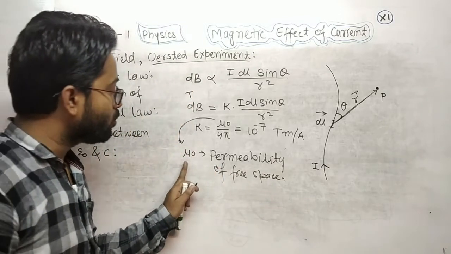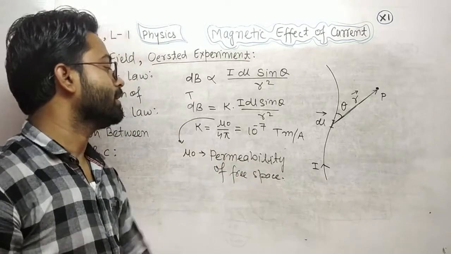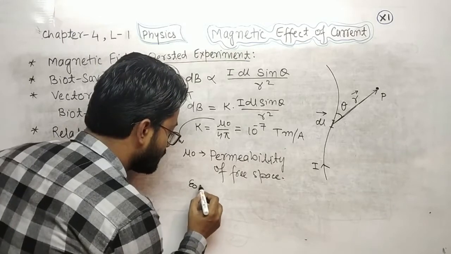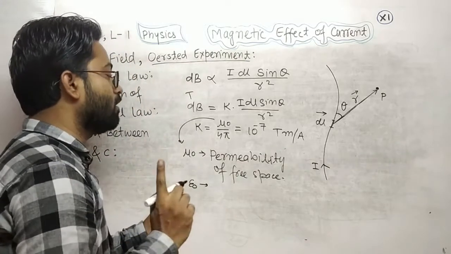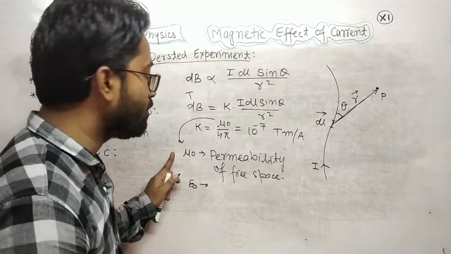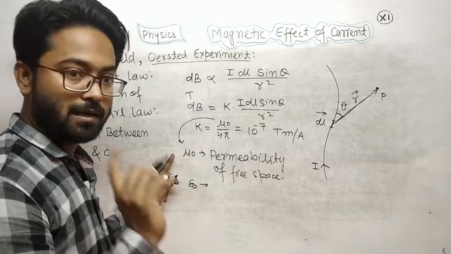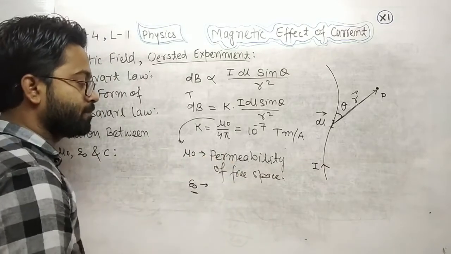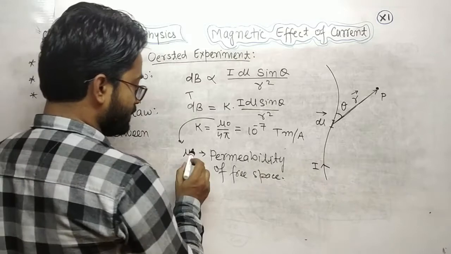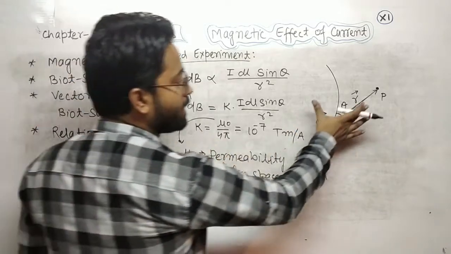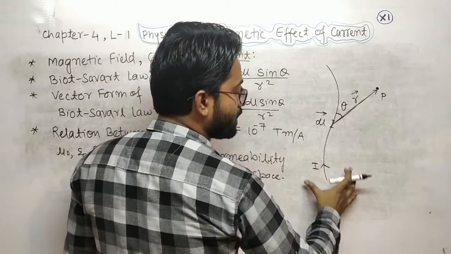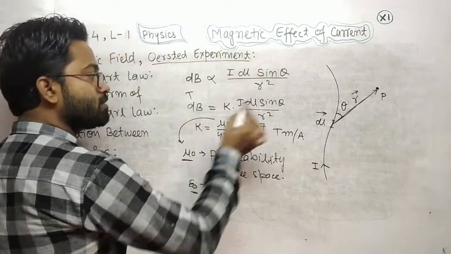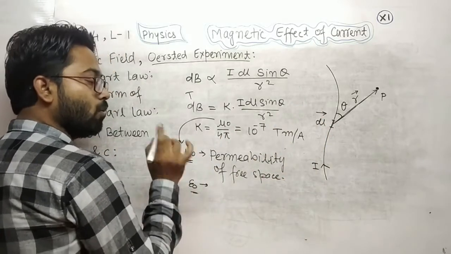Mu naught is the permeability of free space, like epsilon naught. This is the permittivity of free space. This is the permeability of free space. That particular constant depends upon the medium, like epsilon naught. Okay, when this experiment is done in space, then you will take mu naught. If this is not a space, then you will take only mu.